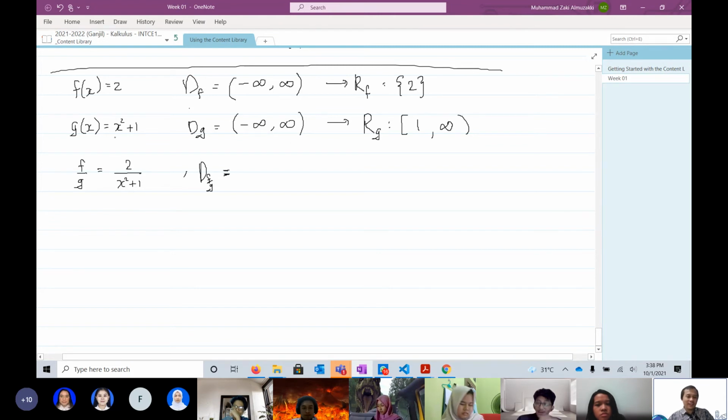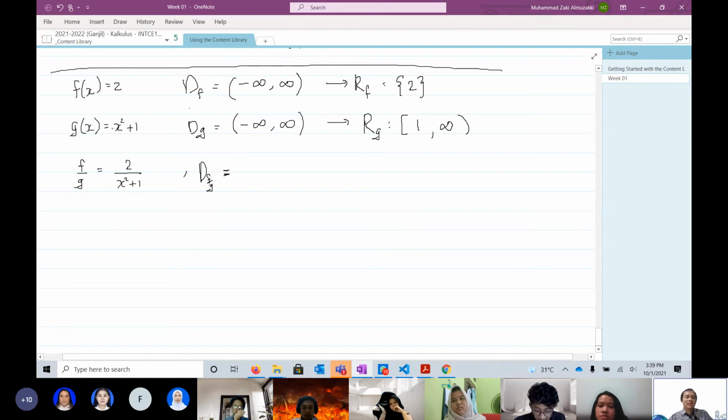Why? Because we have x squared. x squared cannot be negative. So the lowest value of x squared is 0. And we have everything shifted up by 1, then the lowest value is now 1. So the range of g is from 1 to infinity.